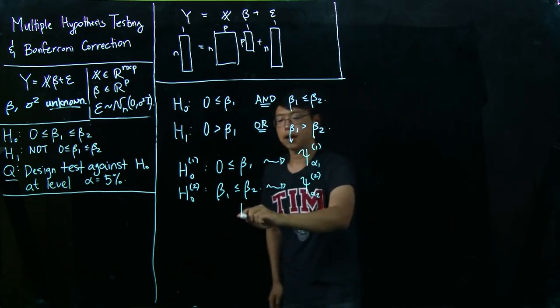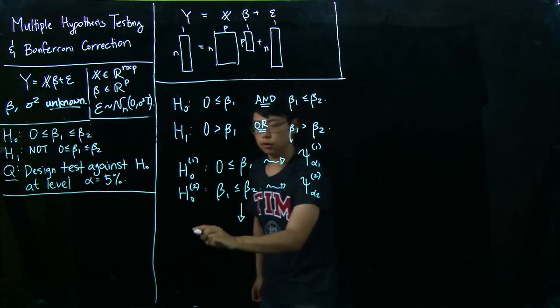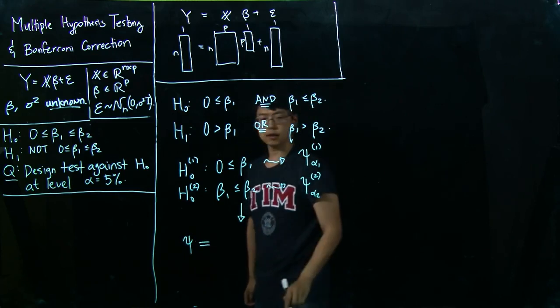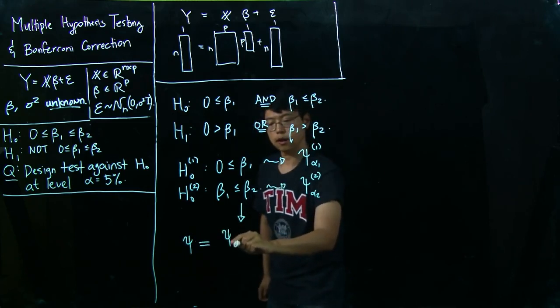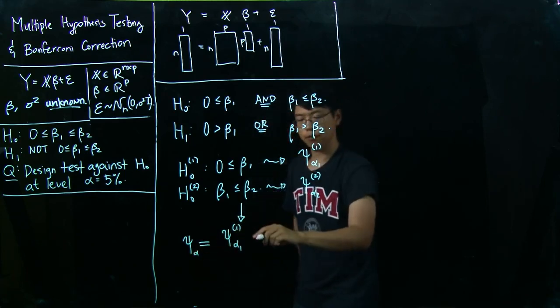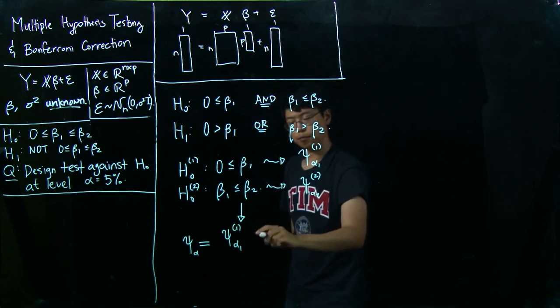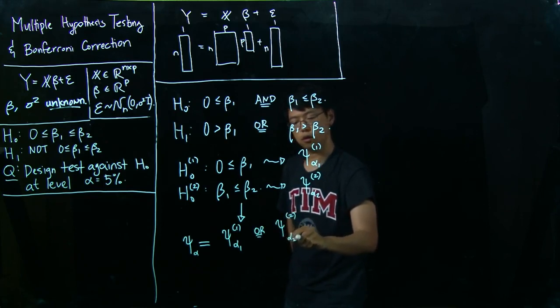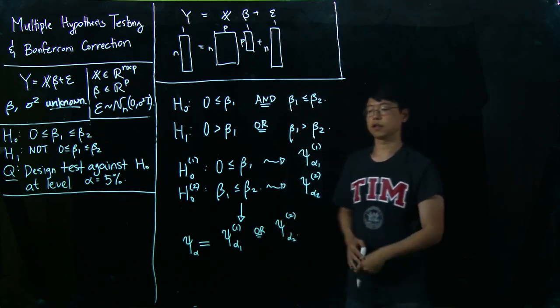with the aim that our final test is going to look like psi defined as psi 1 of alpha 1 at level alpha, or psi 2 of alpha 2.